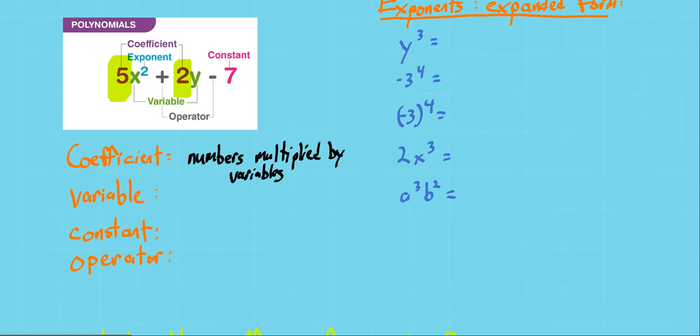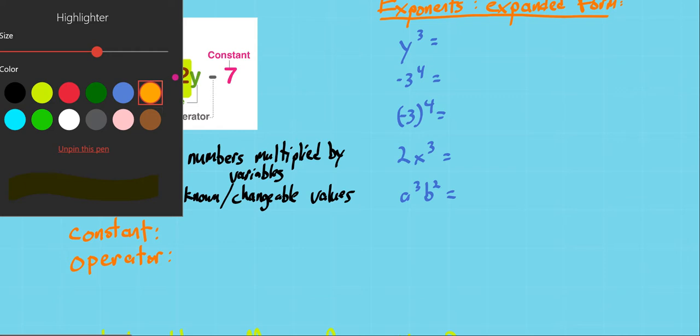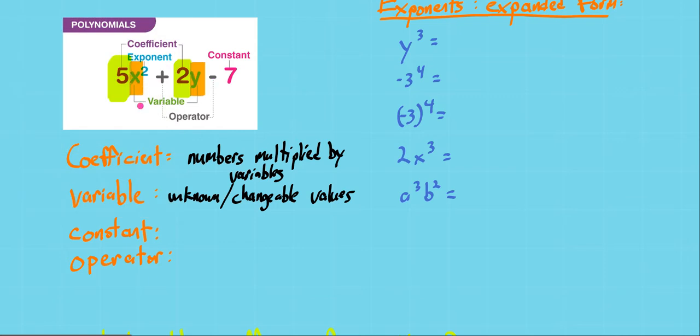Variables are numbers that we don't know yet. So unknown or changeable values, and we represent those with letters normally. So this y or that x would be variables.